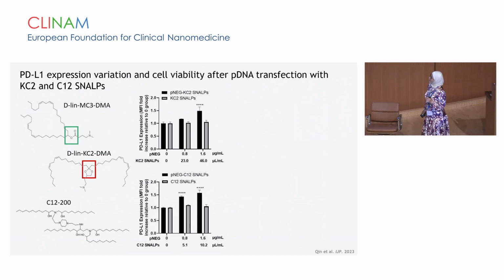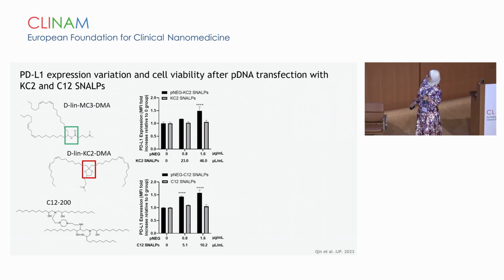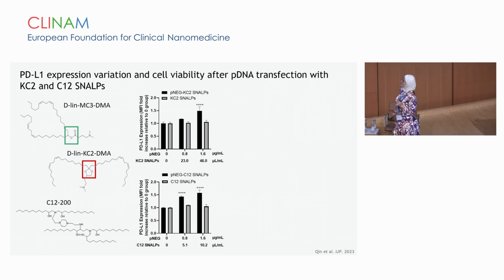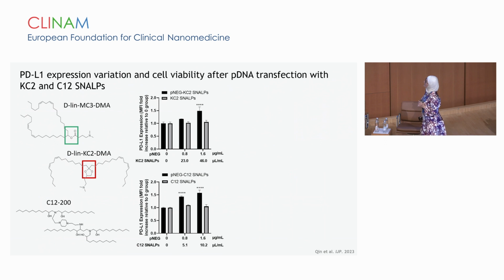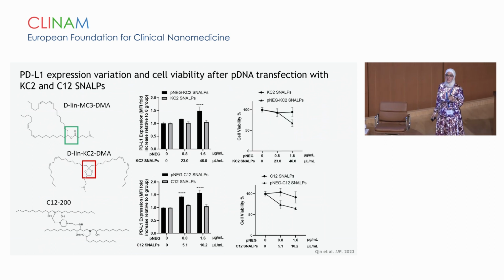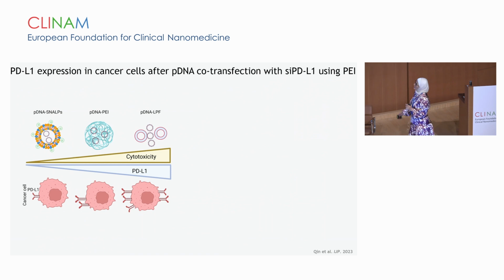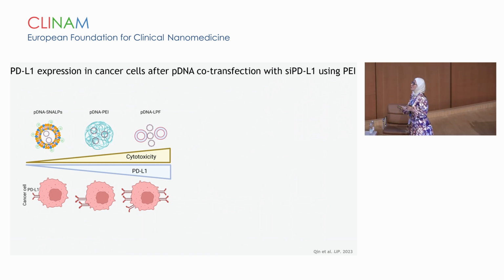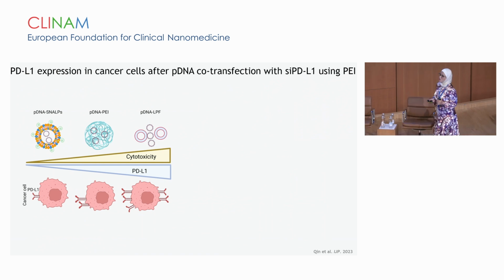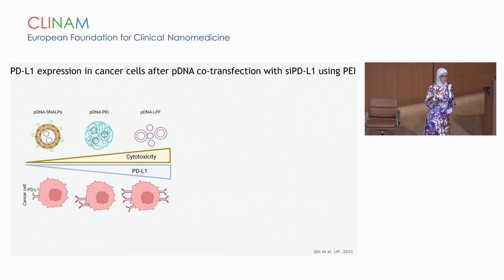And we did find a difference, because the KC2 complexes, the black bar, have higher PD-L1 expression, and so does C12, and that correlated nicely with the toxicity of the complexes versus the LNPs. So we concluded that there is a correlation between cytotoxicity and increased PD-L1 expression, but we wanted a nice ending to the story.